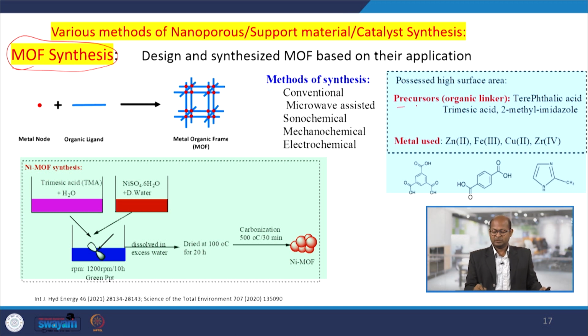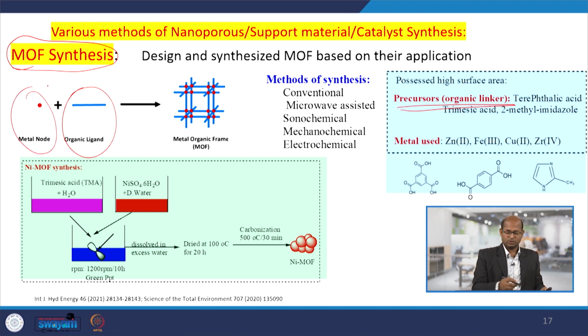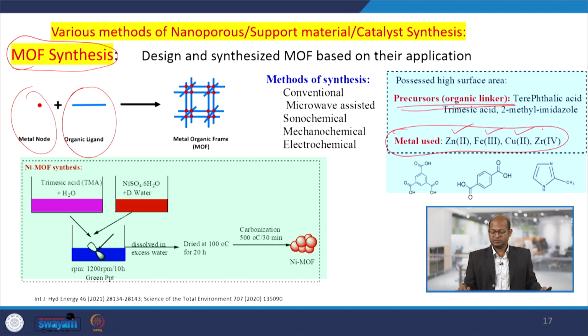For that we need organic linkers and metal nodes or metal ions. For metals we can use any metal salts, let us say zinc, iron, copper, zirconium, and as precursors for organic ligands we can use terephthalic acid, trimesic acid, 2-methylimidazole. These are the compounds we can use to prepare MOF, metal organic framework materials.